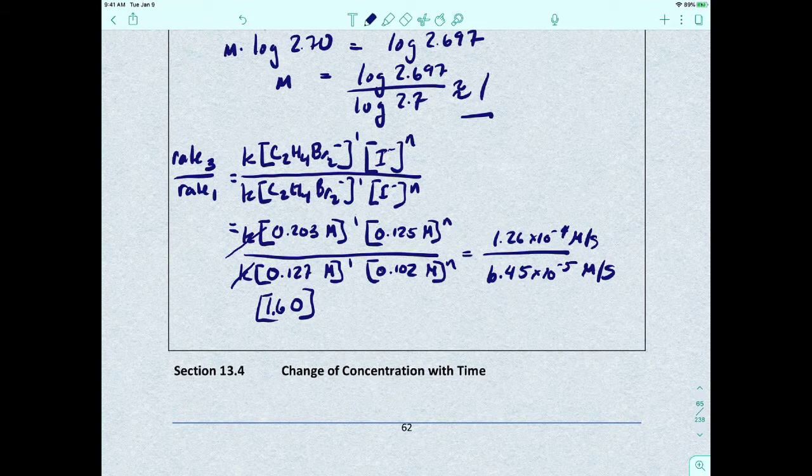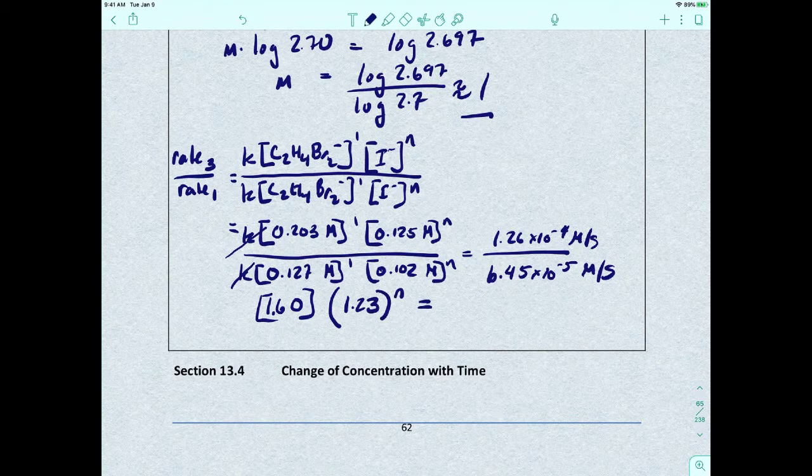Now, what we want to do is rewrite the expression so that we got one fraction for the n's. So you got 0.125 divided by 0.102. That should be 1.225, so 1.23 raised to the n power.